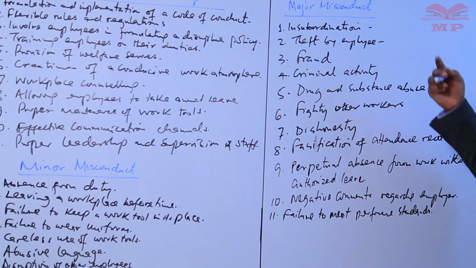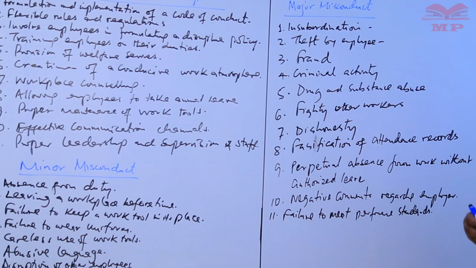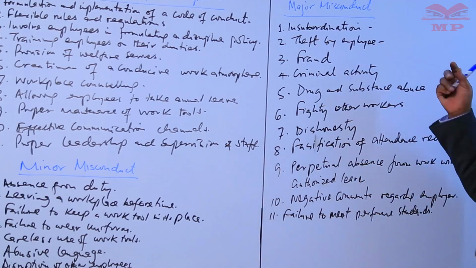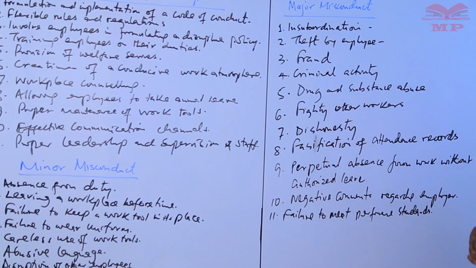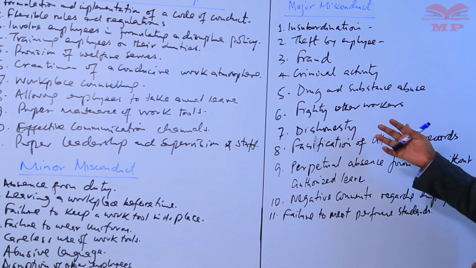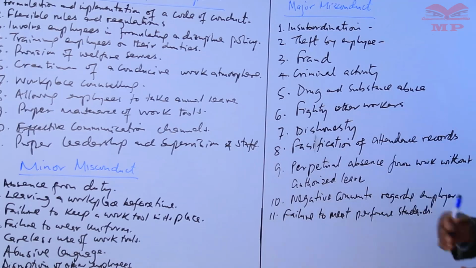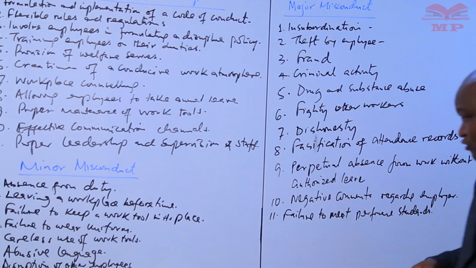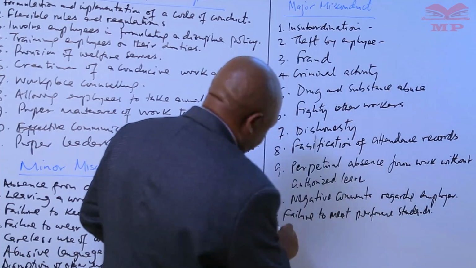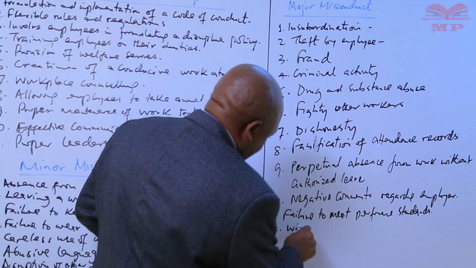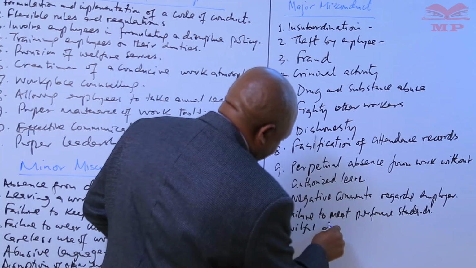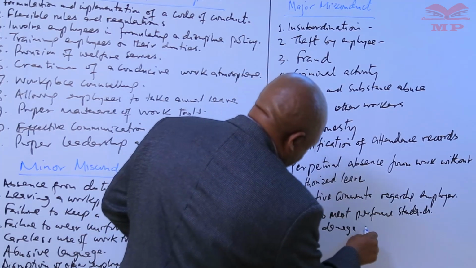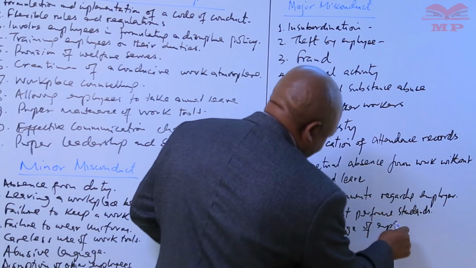So insubordination, theft by employee, fraud, criminal activity, drug and substance abuse, fighting other workers, dishonesty, falsification of attendance records. There is also the element of willful damage of employer's property.